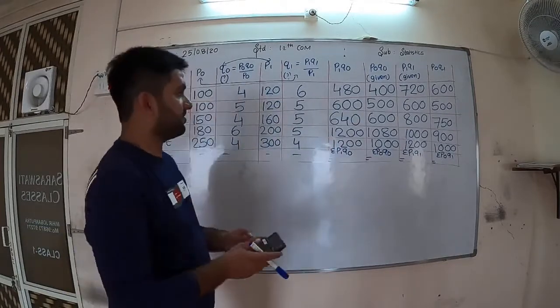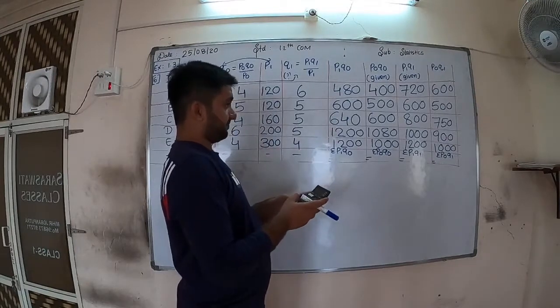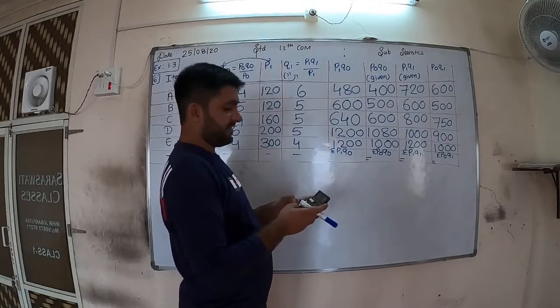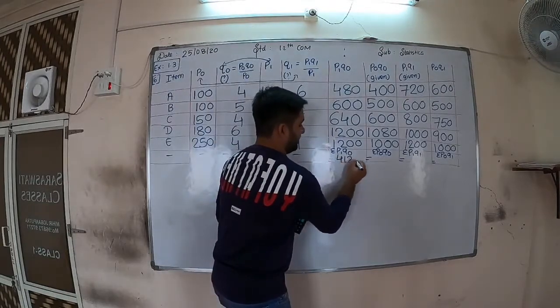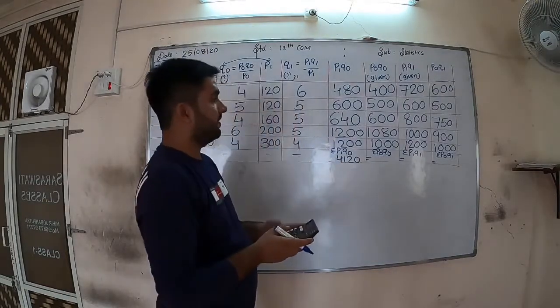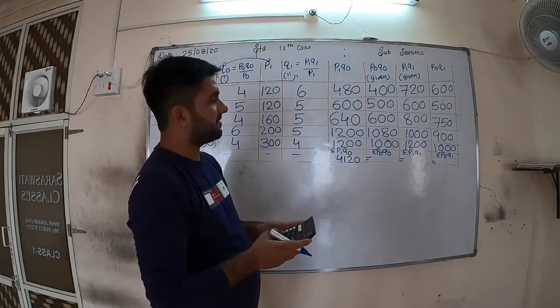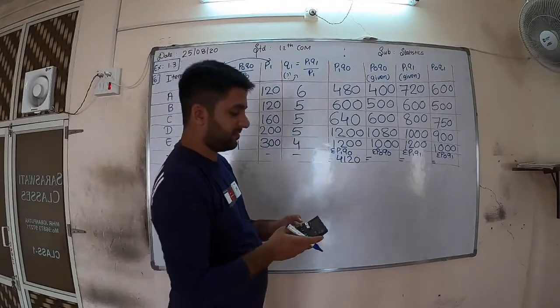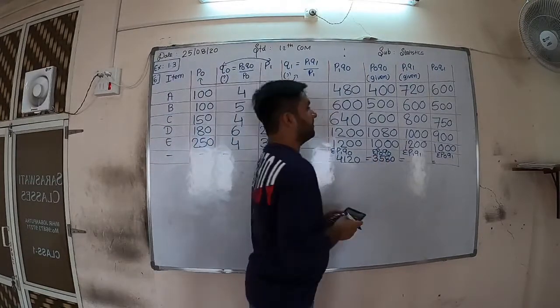Taking the total of each: 480, 600, 640, 1200, 1200. How much? 4120. Then P0 Q0: 400, 500, 600, 1080 and 1000. How much? 3580.